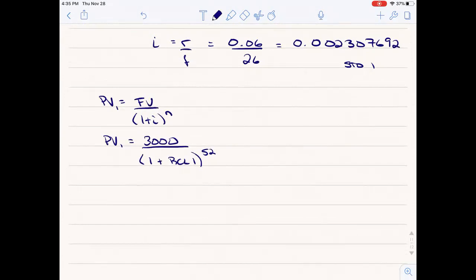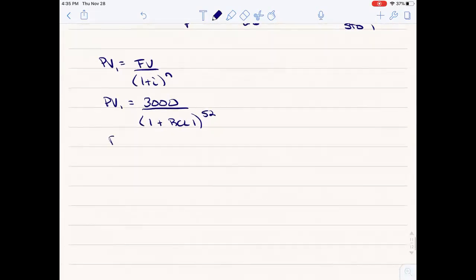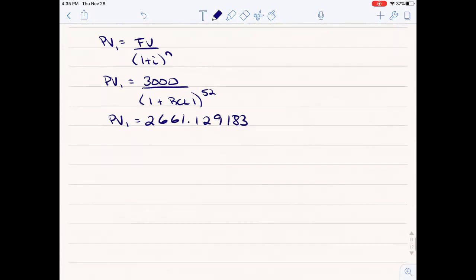I'll start with the brackets on the bottom: 1 plus recall 1 to the power of 52, and then 3,000 divided by that. PB1 I get is 2,661.129183. So in money we get 2,661.13.